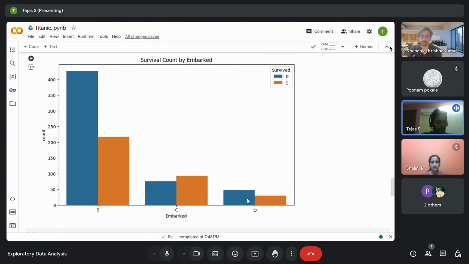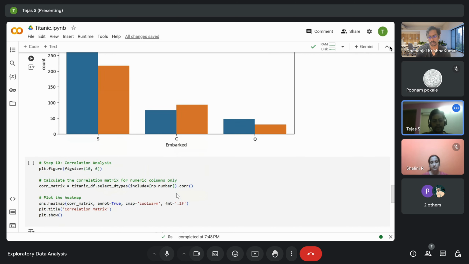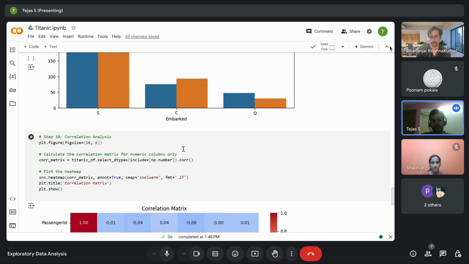And in Queenstown, the number of survivors is less as compared to Cherbourg.